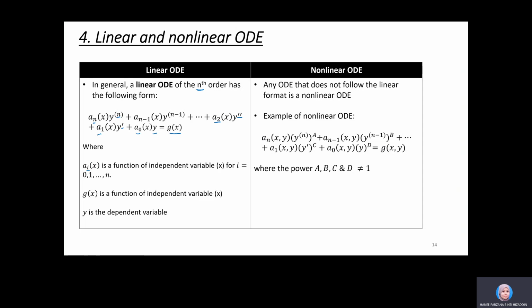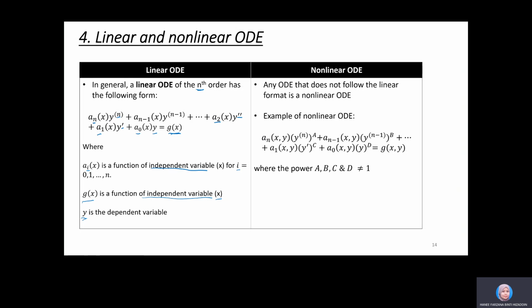Here a sub i as a function of x is a function of the independent variable. In this case it's x, but it could be any other variable, it can be t, it can be whatever, as long as it's the independent variable. The i starts from 0, 1, until the highest order that is involved in the ODE. g(x) on the right-hand side is a function of the independent variable.